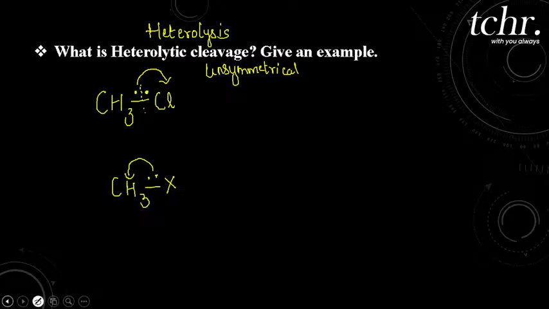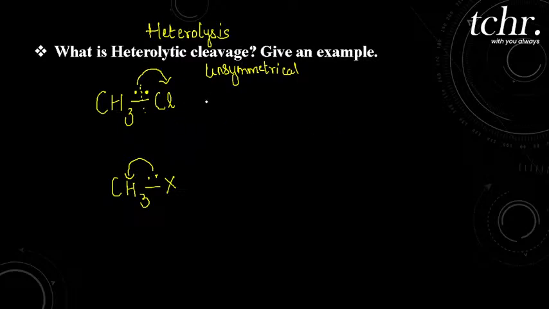So it is completely based on which is more electronegative. This unsymmetrical distribution of the electrons is known as heterolytic cleavage. When this heterolytic cleavage happens, you can explain it and give a proper example as I have explained to you.